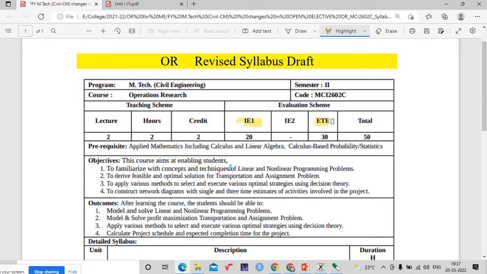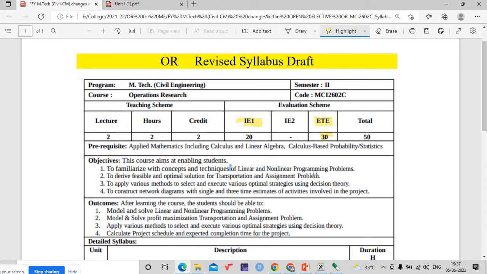And then similarly for ET, end-term examination will be for 30 marks. Obviously here also we may upgrade the evaluation scheme, and then later on after evaluation or after grading we may scale it down to 30 marks. So in all, 20 plus 30, total 50 marks examination will be conducted, and out of 50 you can secure marks in this Operation Research.